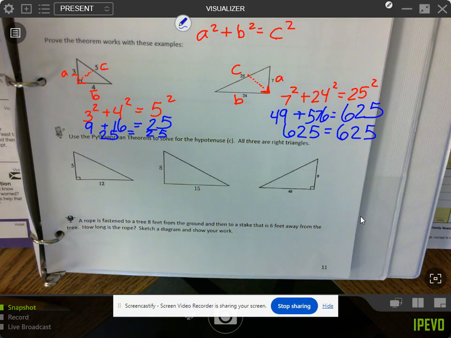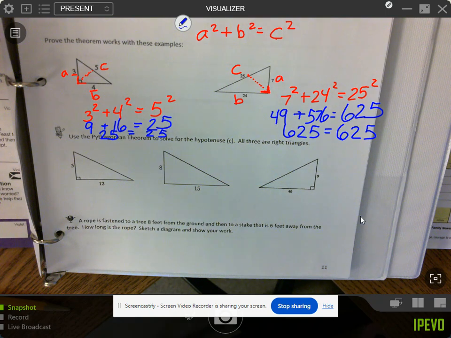I made sure 49 plus 576 really does equal 625. I found it on the calculator. That is my way of checking my work. So you truly want to take that extra minute, 30 seconds, didn't take me that long. Take that extra time to make sure you're doing your math correctly.